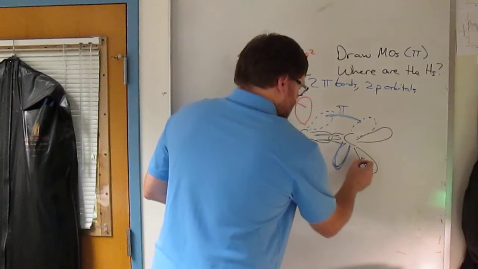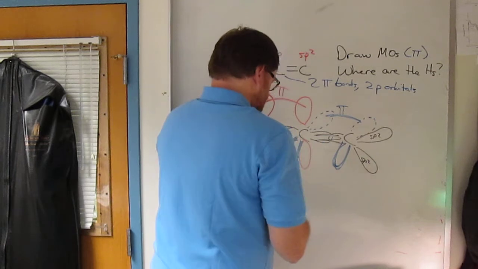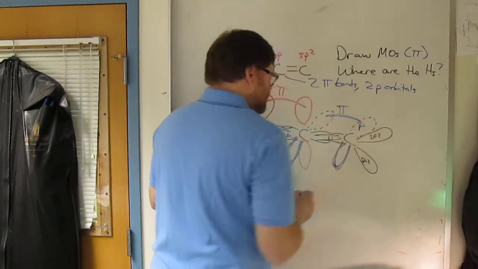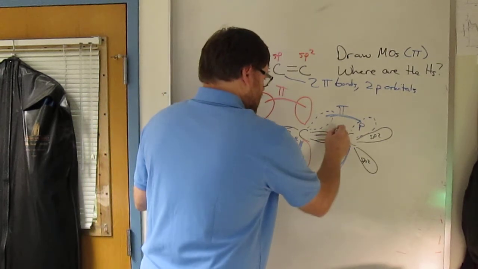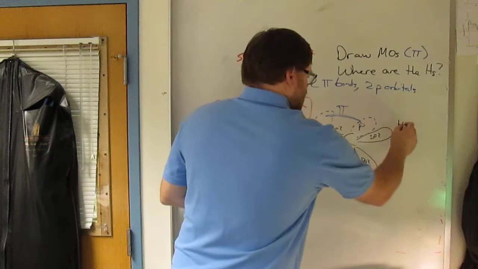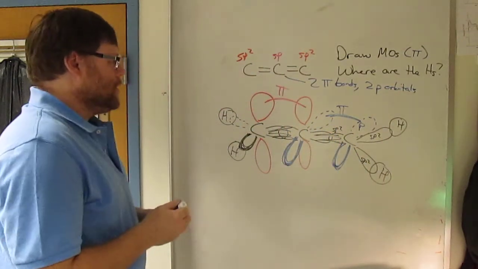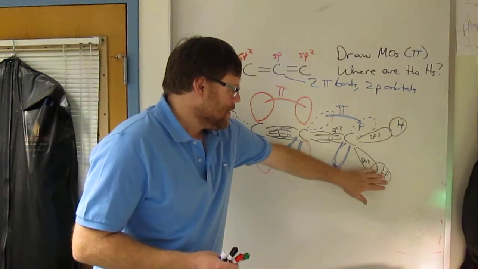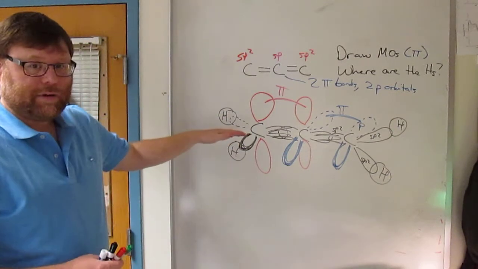So these are sp2, sp2, and this guy is p. And the middle one here is sp2. And then you have a hydrogen 1s overlap with that. So if you look at this, the two hydrogens on the right are in the plane of the board. The two hydrogens on the left are orthogonal to the plane of the board.